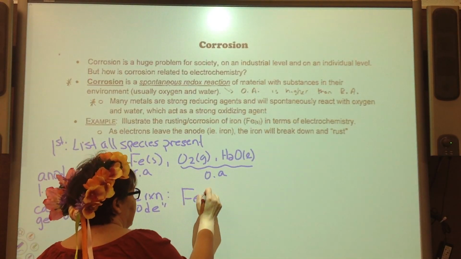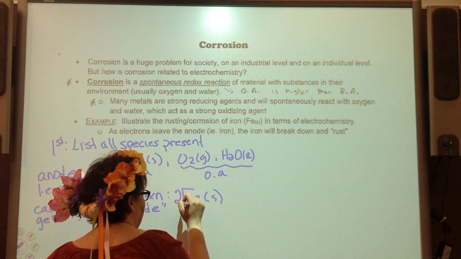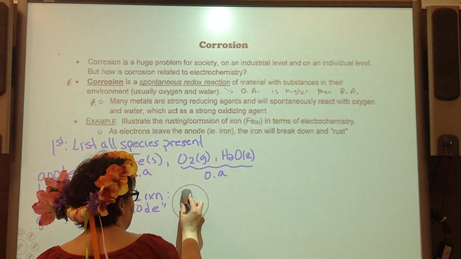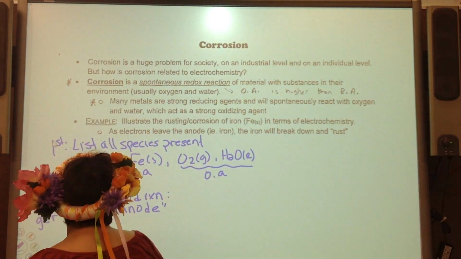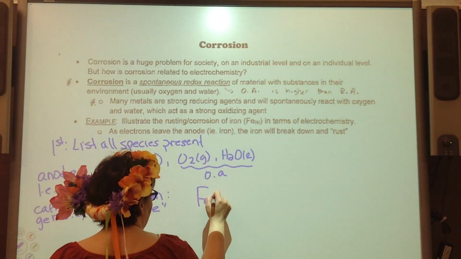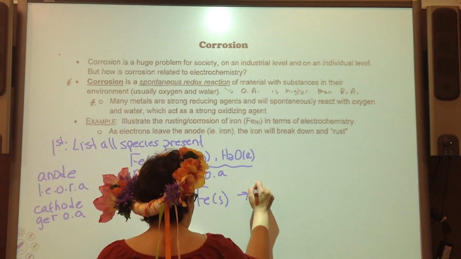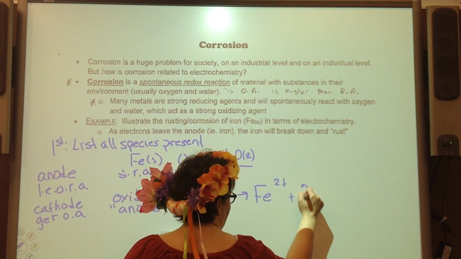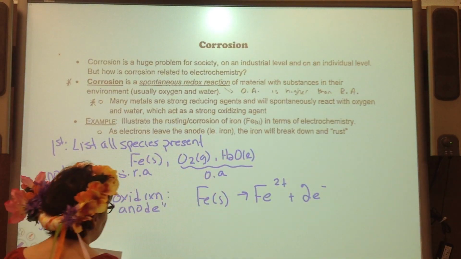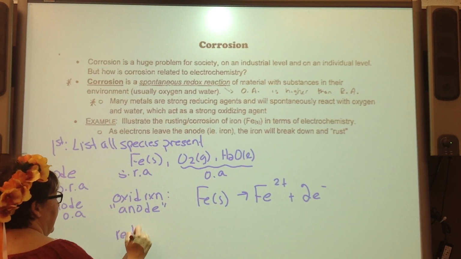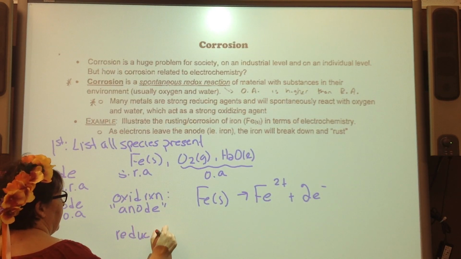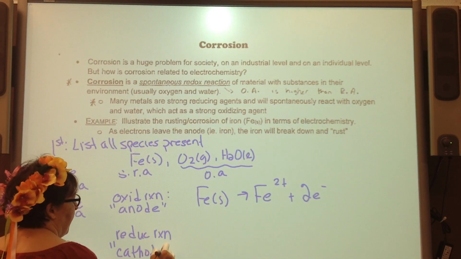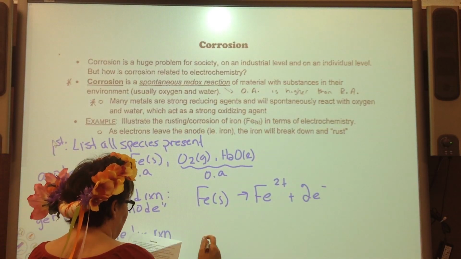So when we look, we see iron. Then at the reduction half reaction, which is our cathode, we're going to see oxygen.